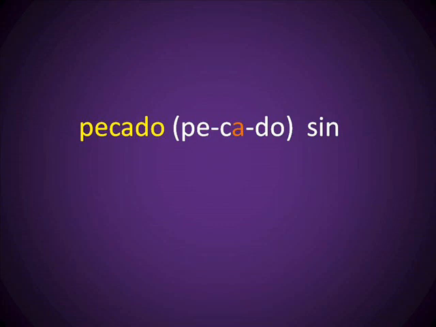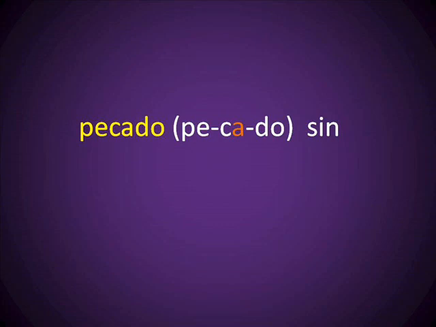Let's see, for example, the word sin in Spanish. If I say pecado, I made 4 errors. I pronounce P and C too strong and made the letter D resemble a soft R. On top of that, I pronounce the last vowel as O. It has to be like this: pecado, pecado.